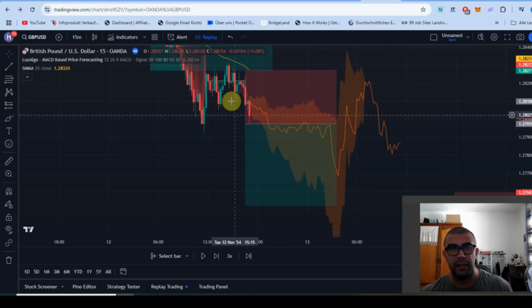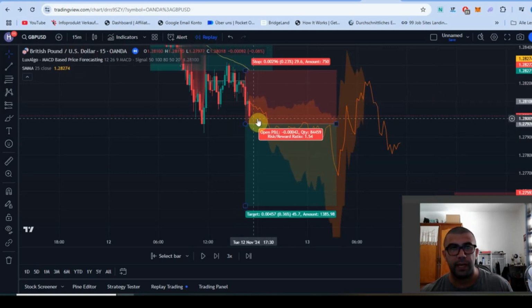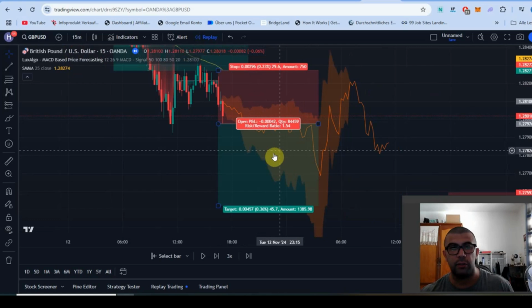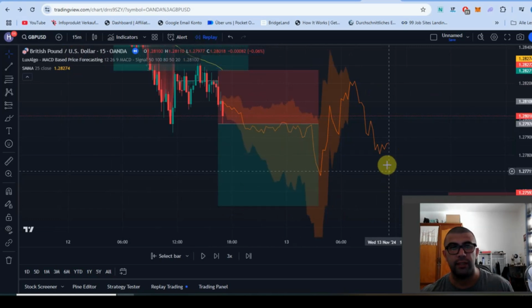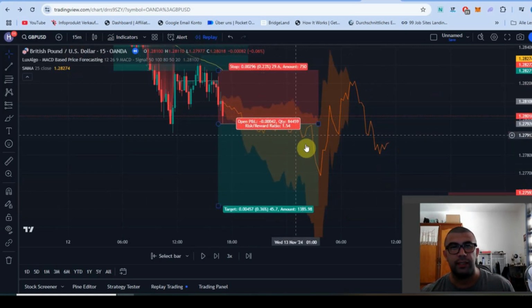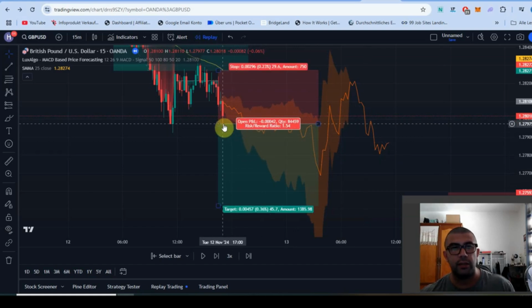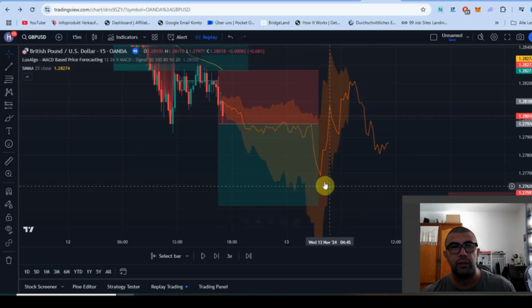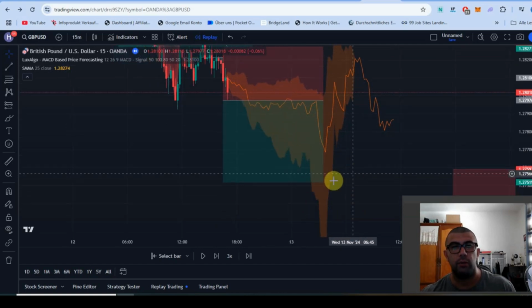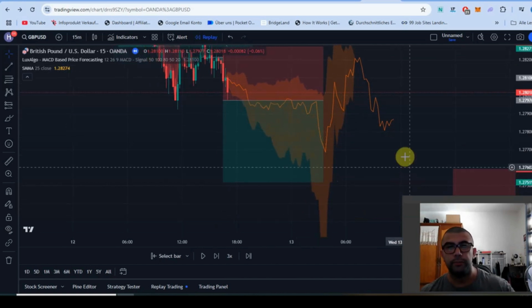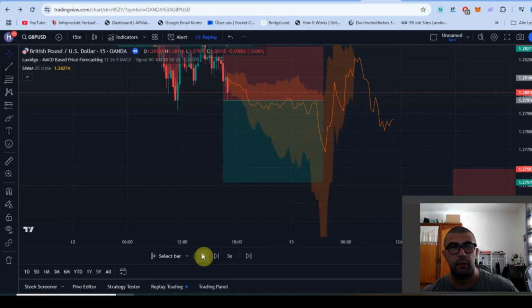So that means this pair will move further to the downside, and that's why I placed my sell order, put the stop loss above this last swing high, and target around 1.5 RR, or this peak, for example, as my take profit. And let's see how it plays out.